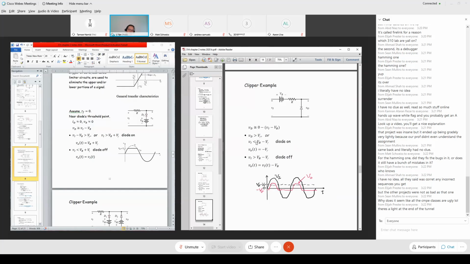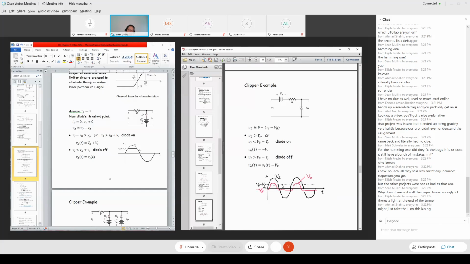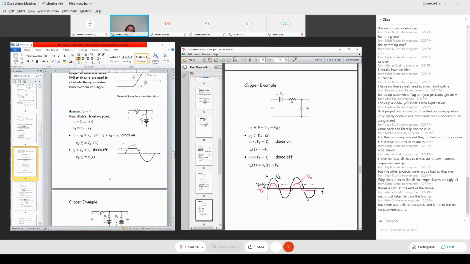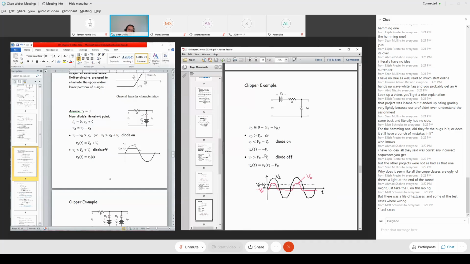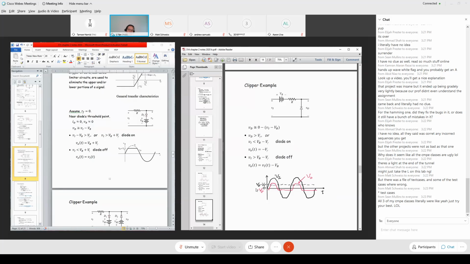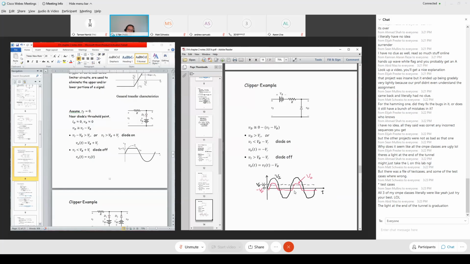If the input is below this level, meaning this portion and this portion of the input, what's the output voltage? The output voltage equals minus V gamma. So I label it minus V gamma. The output voltage is here, constant.